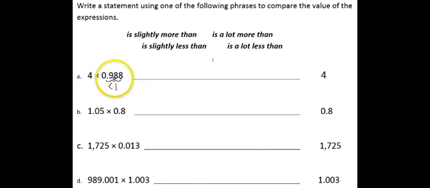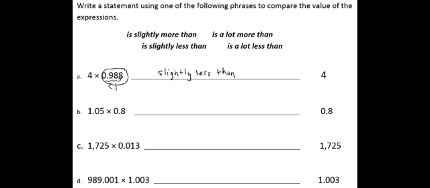If it were 1, it would be equal to 4. 988 thousandths is just slightly less than 1, so I'm going to say that my answer is going to be slightly less than 4 because it's pretty close to 1 whole.